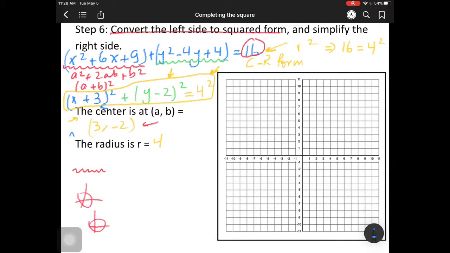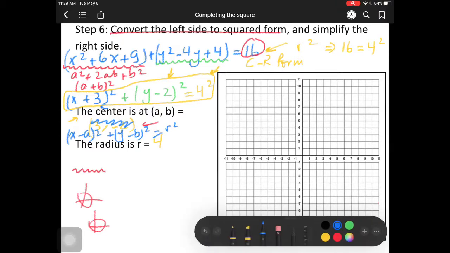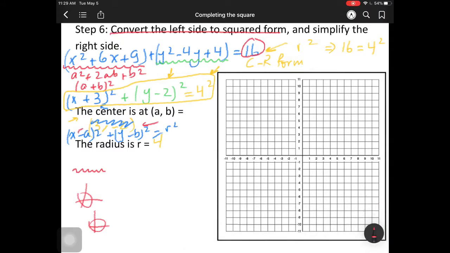The general form is (x minus a) squared plus (y minus b) squared equals r squared, which means minus a is plus 3. Minus a equals plus 3, so a is negative 3. And minus b is minus 2. Minus b equals minus 2. This means that b equals 2.